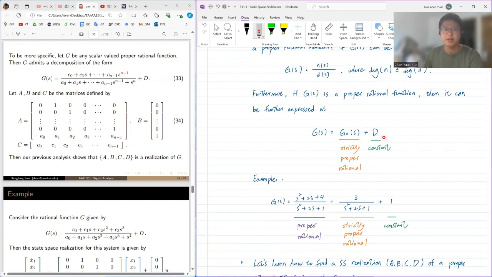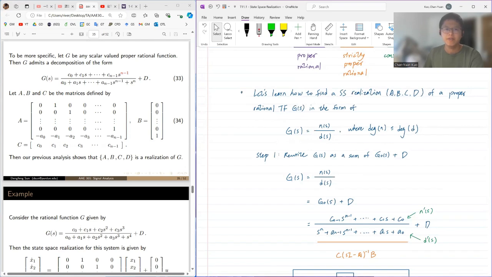Notice that this function is a proper rational function because it is a fraction of two polynomials, and the degree of the numerator polynomial is the same as that of the denominator polynomial. Next, if we divide the numerator polynomial by the denominator polynomial, the result will be a sum of the strictly proper rational function 3 over s squared plus 2s plus 1 and the constant 1.